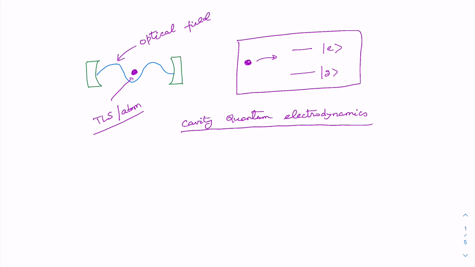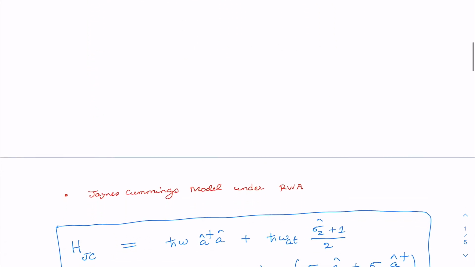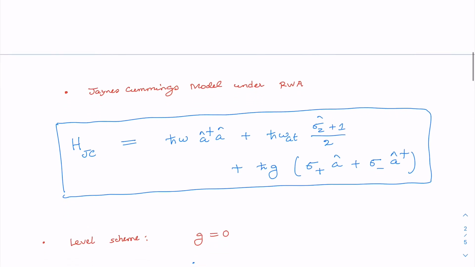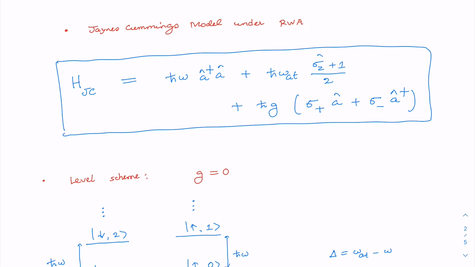Now, this JC model, or Jaynes-Cummings model, cannot be solved analytically. However, it can be solved under the so-called rotating wave approximation, and in the rotating wave approximation, the JC model can be written in this particular form, where we replace sigma x.